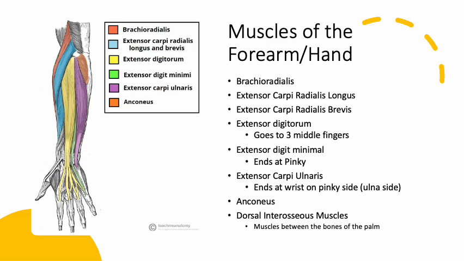There's muscle in between them, because if you grab your hand and cup it, we can move our hand and stuff. We have muscles in our palm. The muscles between those bones, between your metacarpals, those are your dorsal interossei. They are on the back side of your hand because they're on the dorsal side. So when you're holding your hand palm up, they're not on that side. They're on the other side, the back of the hand. And those are the interosseous muscles of the hand.